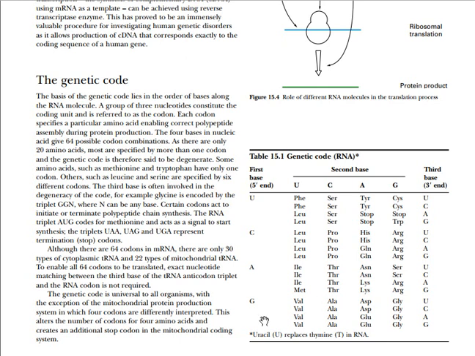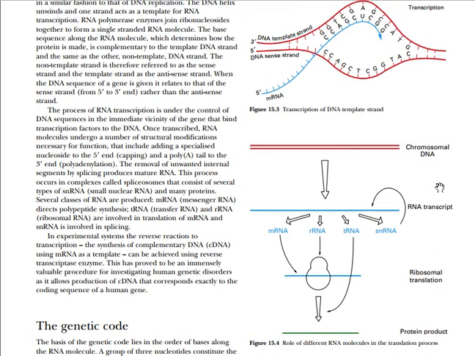Is it clear? So from this table you can have all the codon sequences, and this part here is from the 5' terminal to the 3' terminal. Don't forget that in the initial diagram, the transcription of the DNA is from the 3' to the 5' direction.